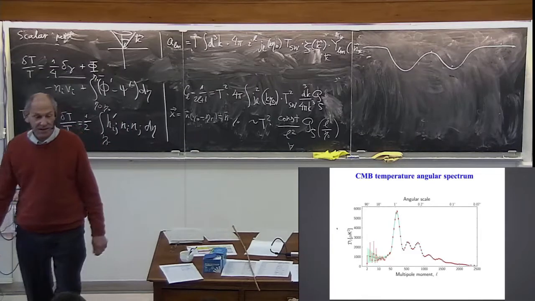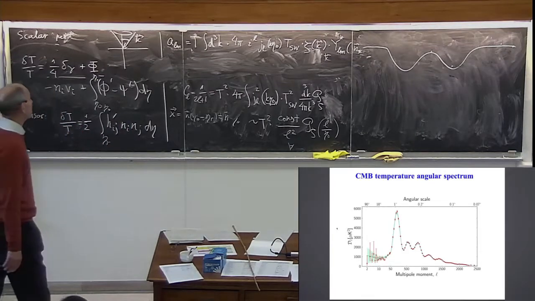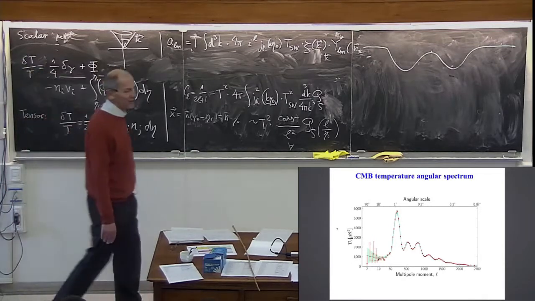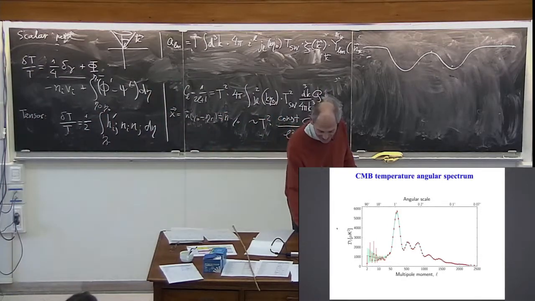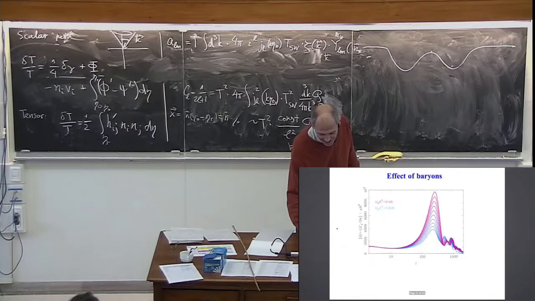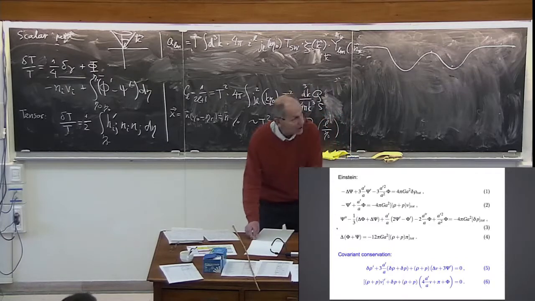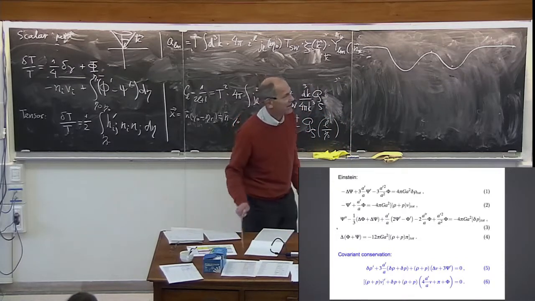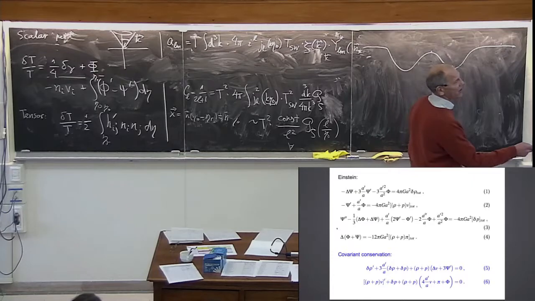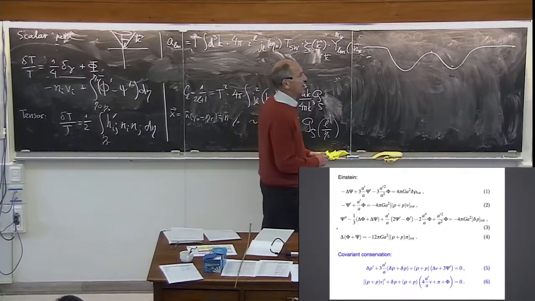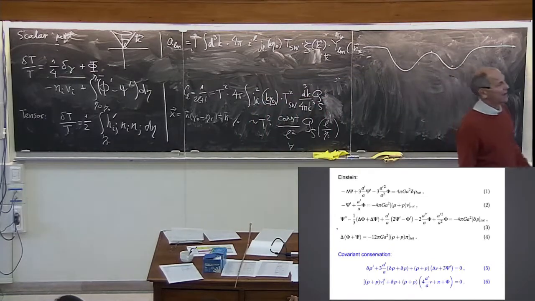Now, the second part of the homework was, what is it if we had baryons? Well, that part of the homework you haven't done, obviously. But that's easy. That's trivial. Let's take this equation here, our conservation equation, applied to the baryon-photon component. Okay, delta P is the pressure in photons only, right?